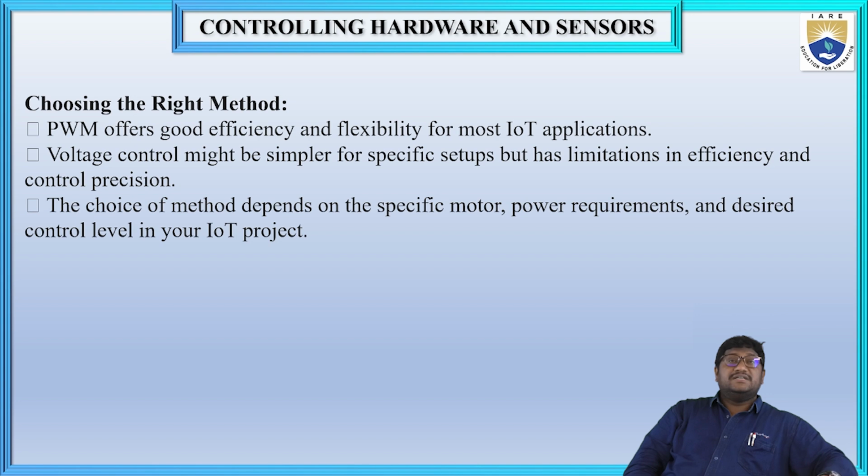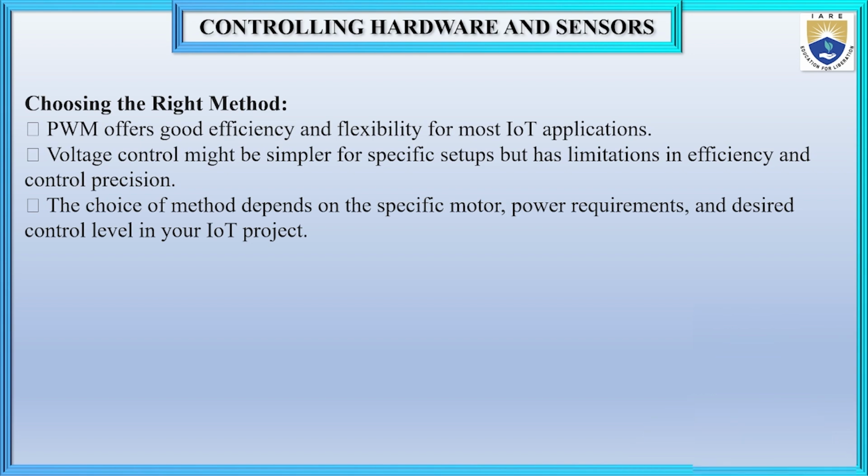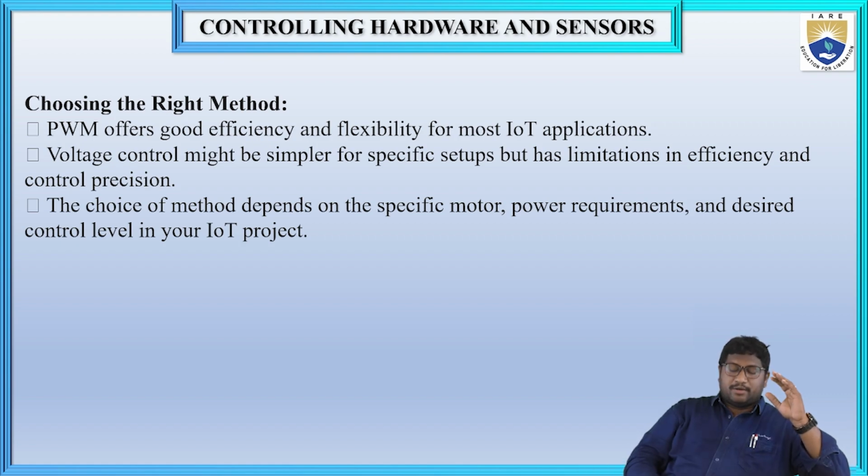PWM offers good efficiency and good flexibility compared to the other options in our IoT applications. Voltage control might be a simpler setup, but has limitations in efficiency control. And the choice of method depends on the specific needs of your project.